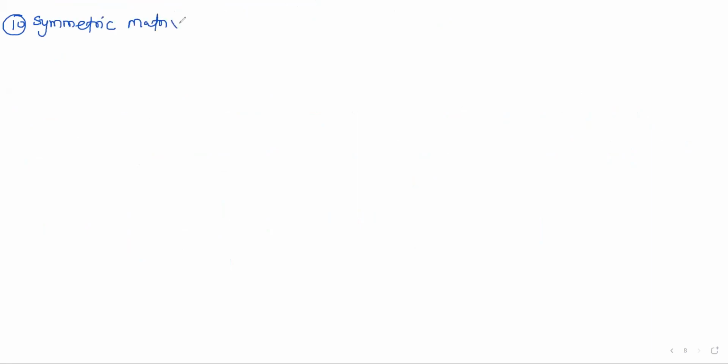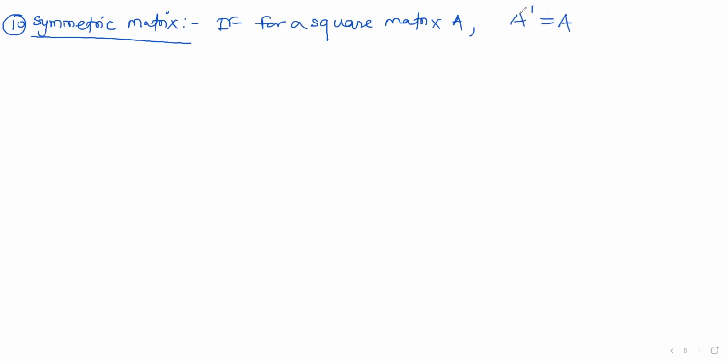If for a square matrix A, A transpose is equal to A. If you interchange rows and columns, and if you get the original matrix, then you can say that A is a symmetric matrix.